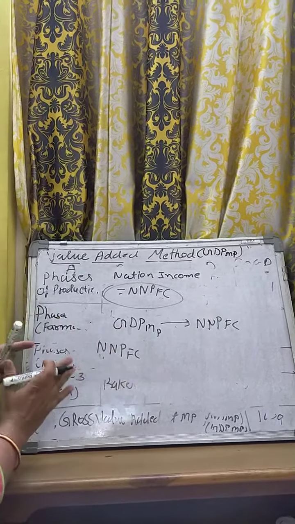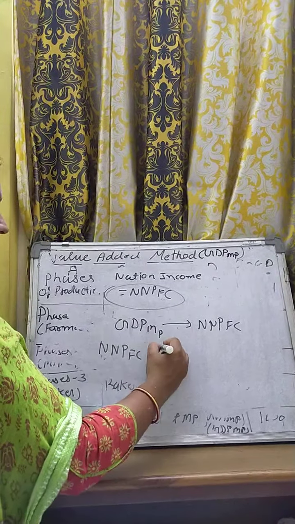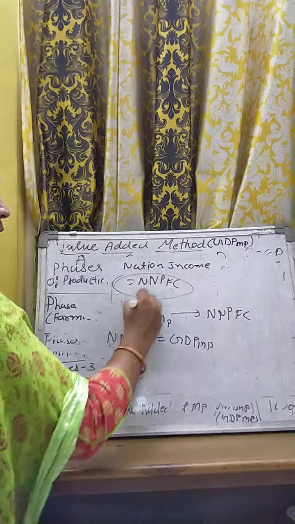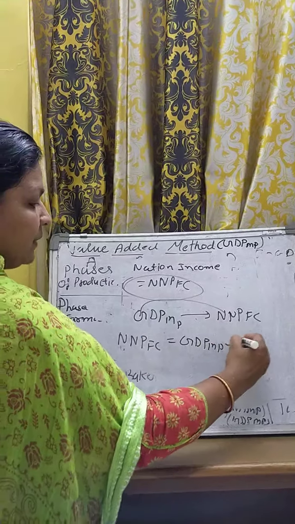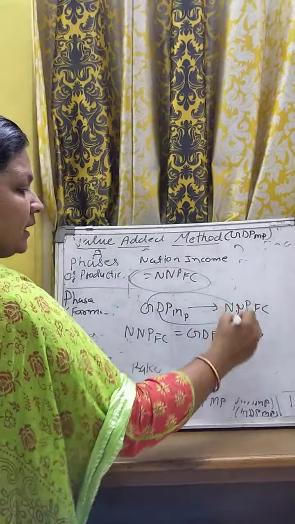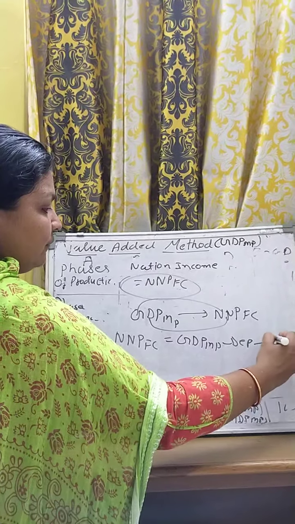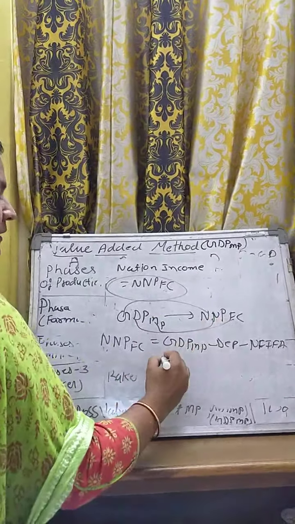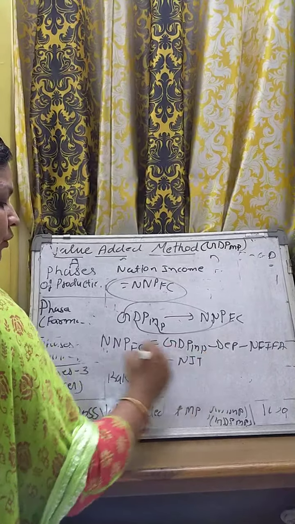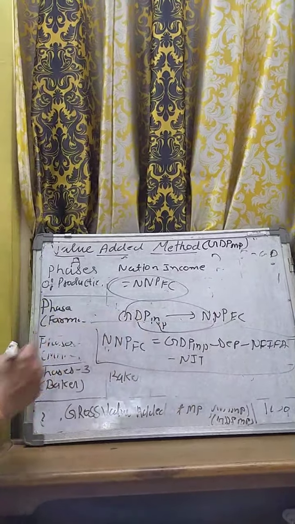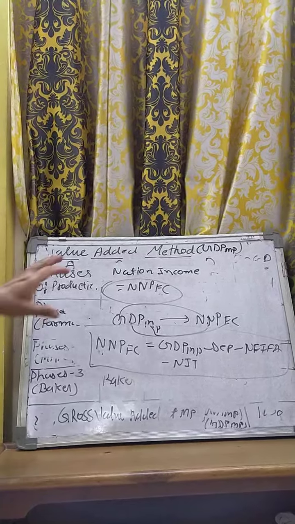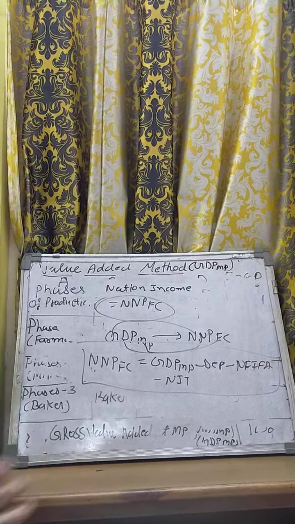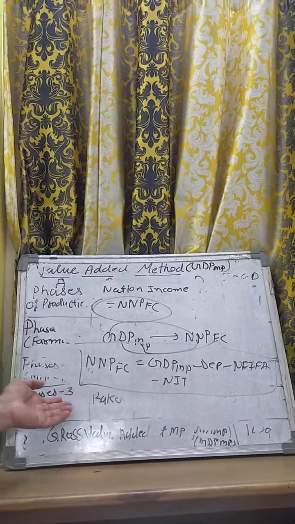NNPFC, this is the national income. Now you get the GDP MP from this method. So from GDP MP, gross to net: minus depreciation. Domestic to national: minus NFIA. MP to FC: minus net indirect taxes. So you get the national income with the help of the value added method. Now the explanation of this method is over. In the next video we will do the sum of this method.